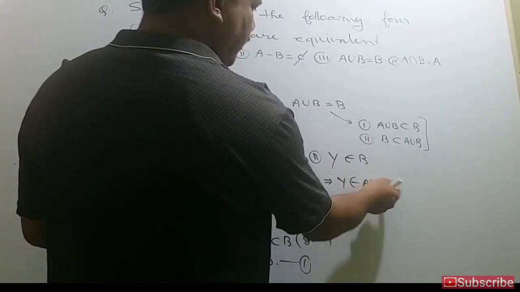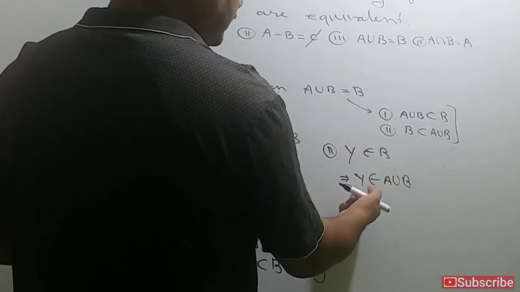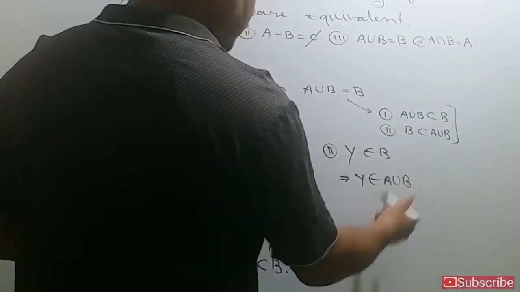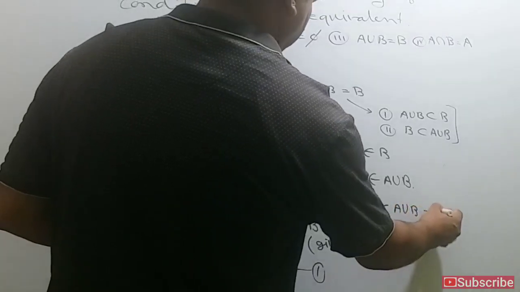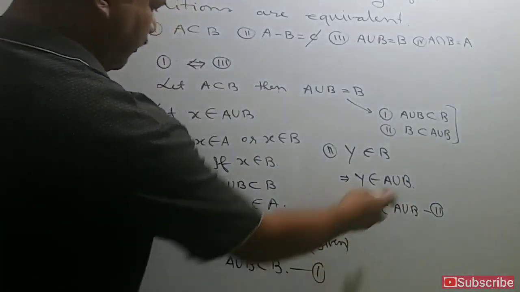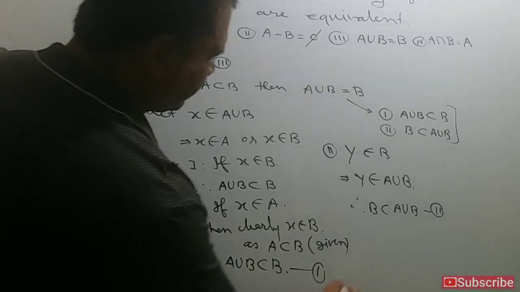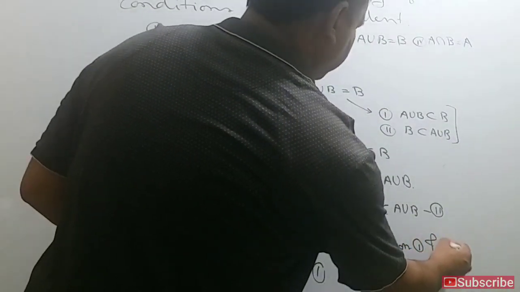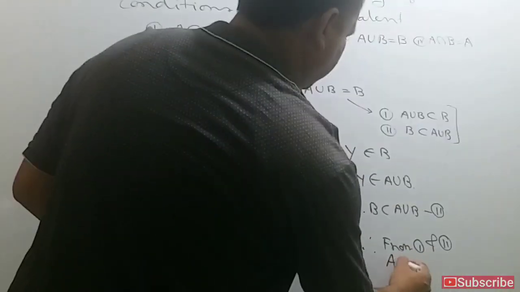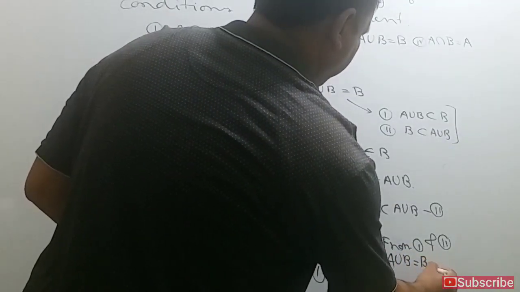It may be in A or may be in B. Y belongs to B means Y must be in their union. So we can write B is a subset of A union B. Number 2 is also proved. Combining 1 and 2, you can write A union B is equal to B.